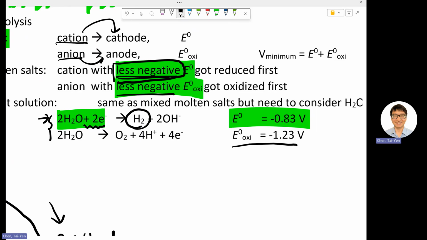When it undergoes reduction, the product should be H2. If it undergoes oxidation, the product should be O2. And the E naught and the E naught ox, I would suggest you also memorize them, otherwise you always have to go back and check the table. So it's negative 0.83 for reduction, and negative 1.23 volt for oxidation.